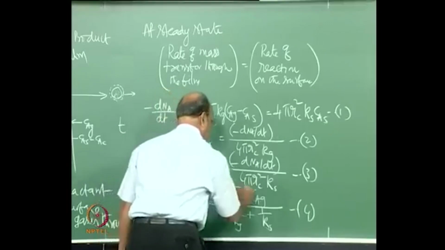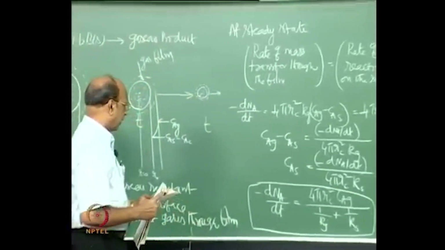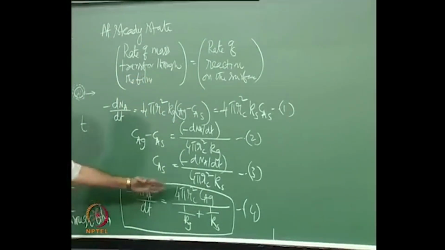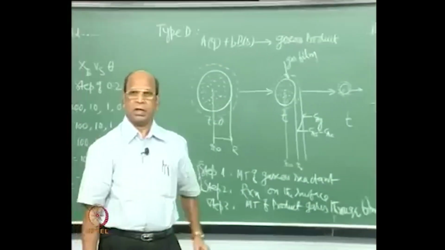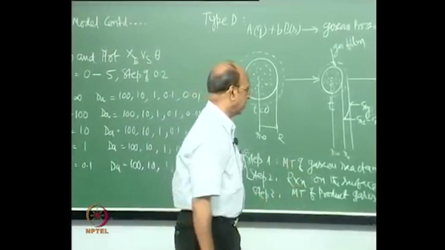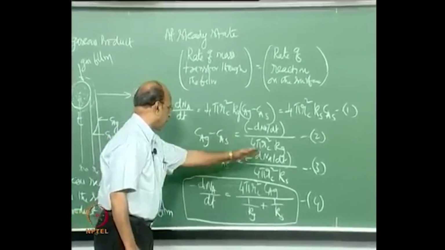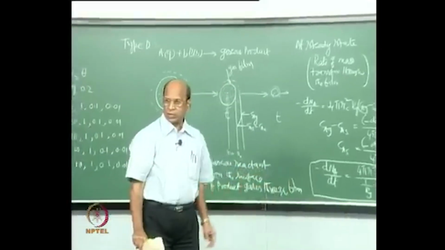This is our rate equation, but of course, if I want to make this an intrinsic rate, then I have to divide by some area or volume or weight of the particle. I have just added these two and then separated again dNA by dt, that is all, very simple.